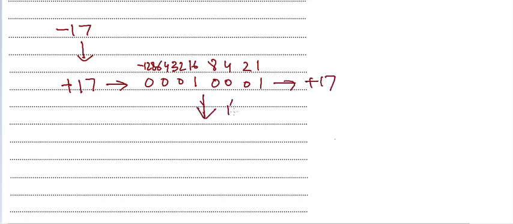Now we are going to apply 1's complement, and by 1's complement we mean we are going to flip or invert all the bits. So we are going to replace zeros with ones and ones with zeros.